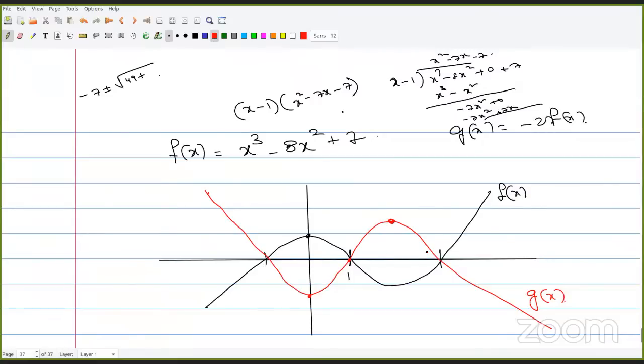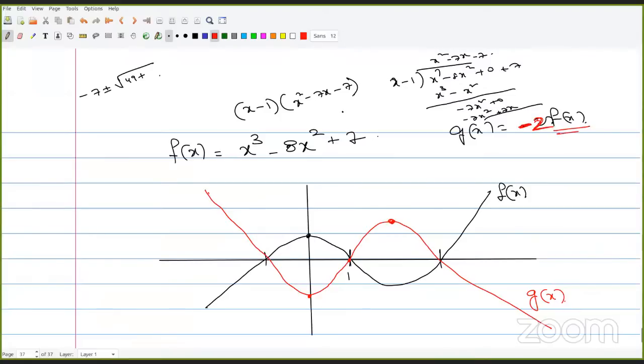Correct. So this is what g of x is, my graph is, and f of x is this graph. What did you get? Sir, I don't know, my graph is not like that. It's like both upward. Why both upward? See, it is minus 2 times f of x, right?